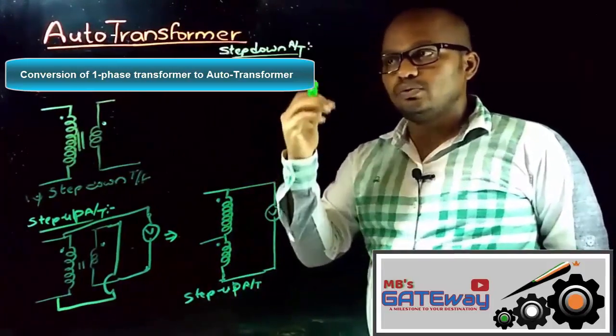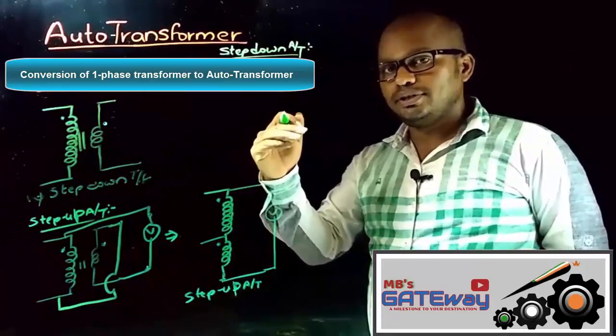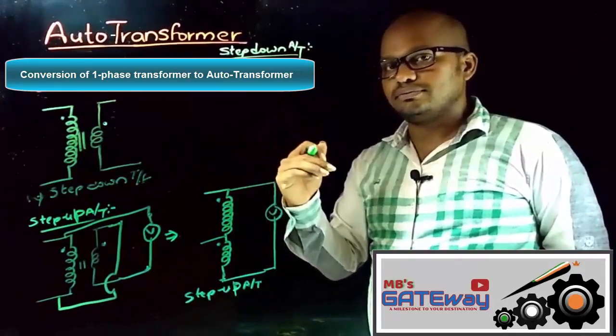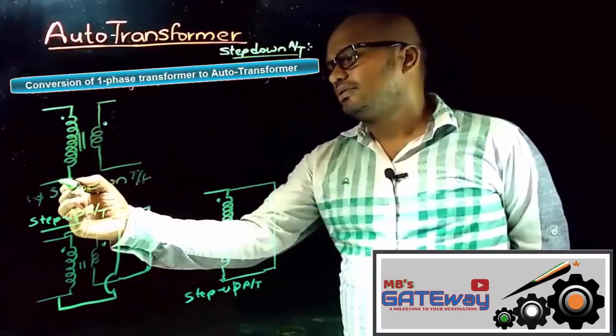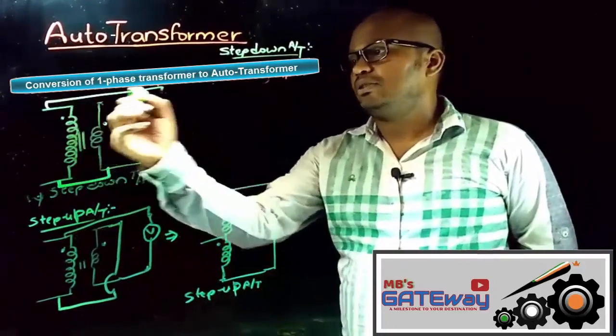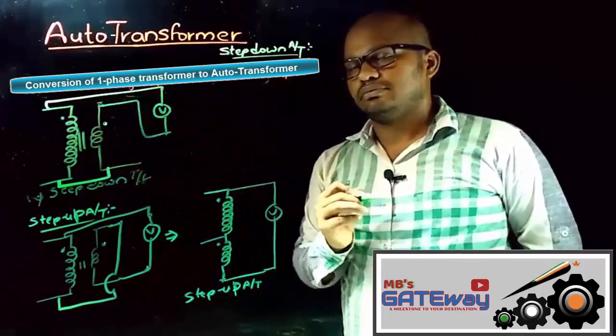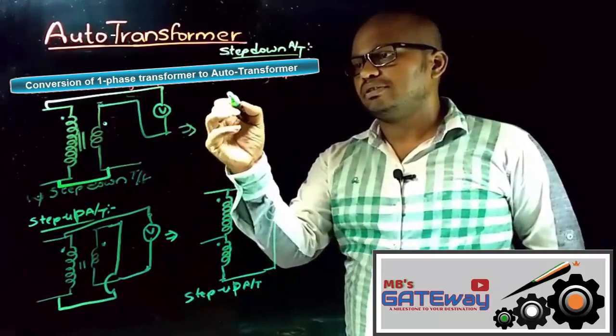Till now we have seen the case of step down autotransformers, and this is the case of step up autotransformer. And now to get the step down autotransformer, what we must do, we must connect non-dot end to the non-dot end, that is simply non-dot end to the dot end, and simply take the output like this. And if you reconfigure this, this will look like this.